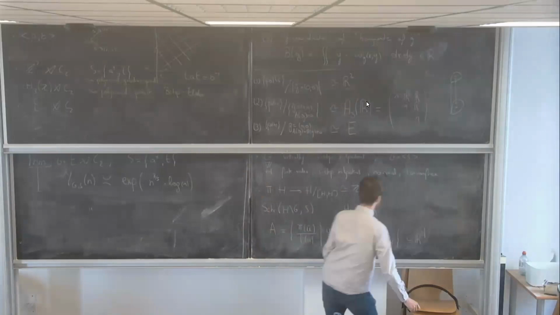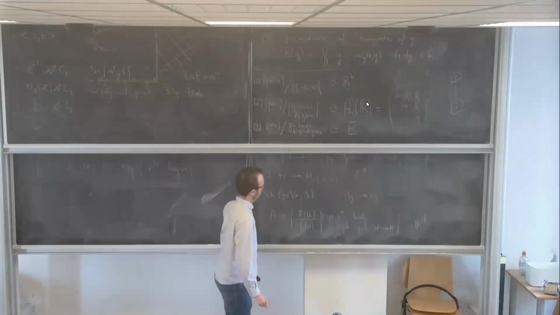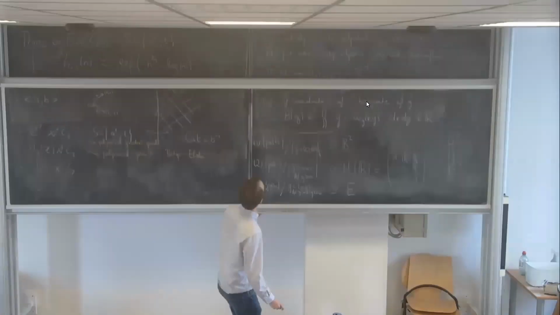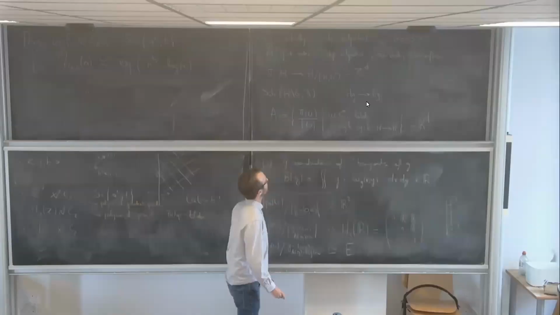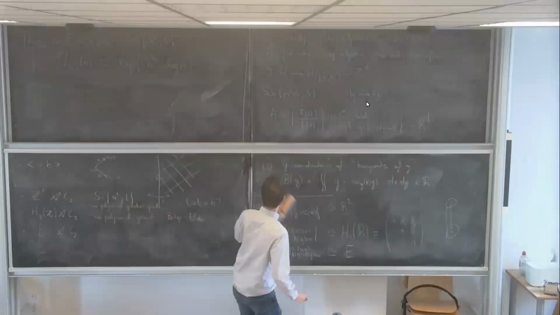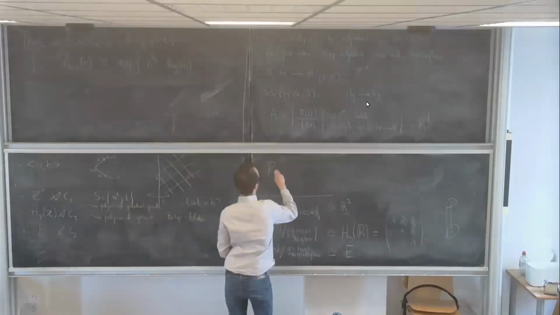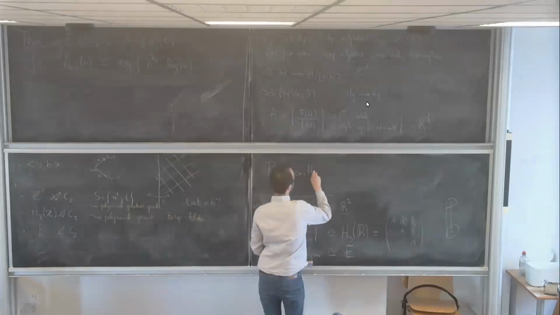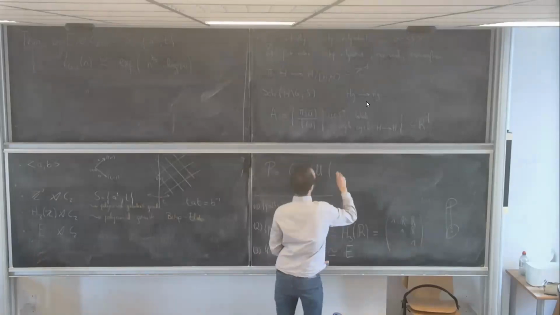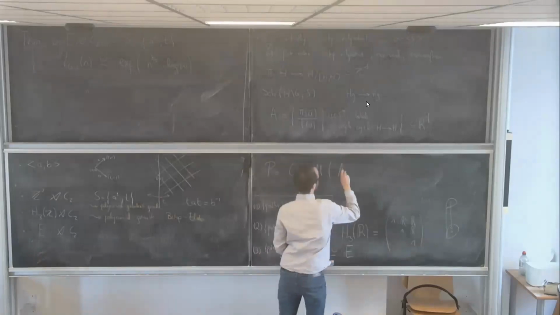And finally, I define some polytope, which is the capital of A, and then I conjugate by GH.